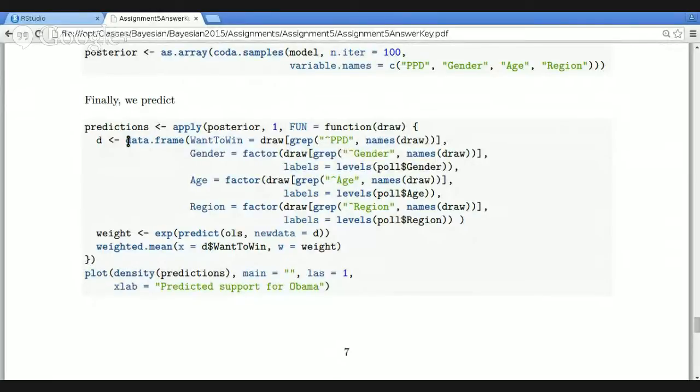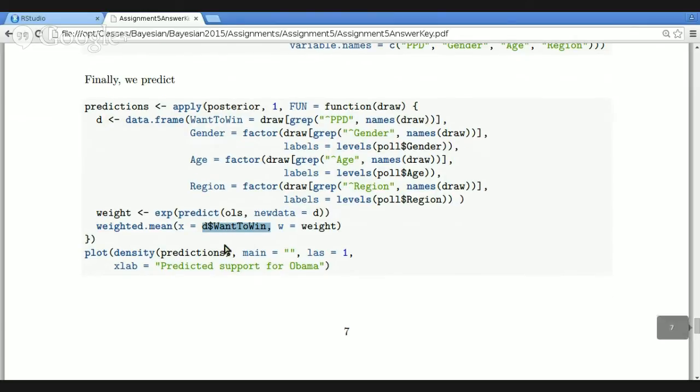Now we have a data frame with 4 columns. We can predict based on that OLS model that I did before to get the log of the sampling weights. E to that tells us the sampling weights, and now we just want to do a weighted mean of the posterior predictive distribution of who wants to win with those sampling weights.